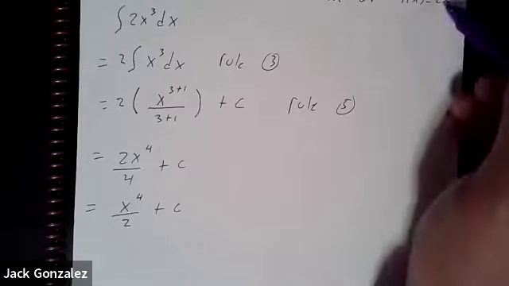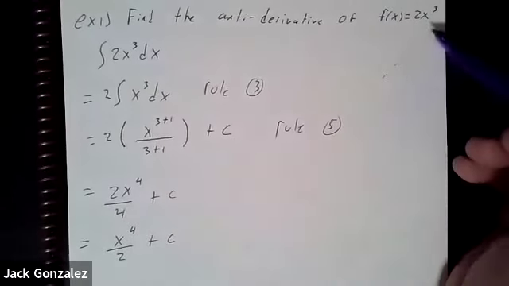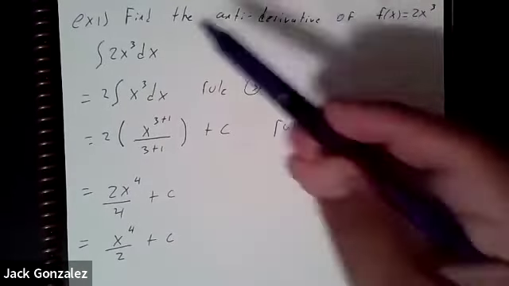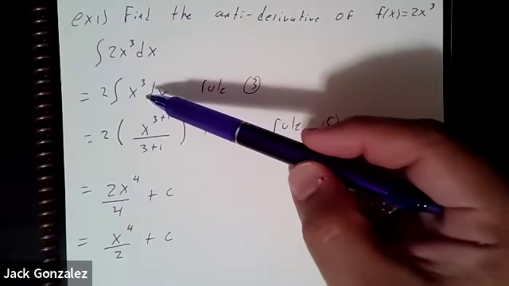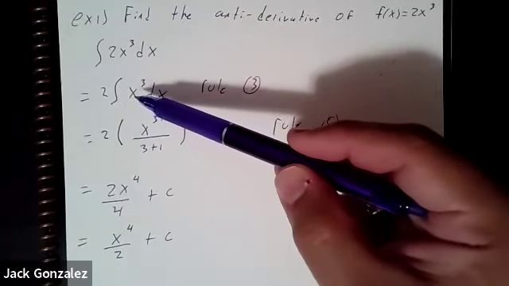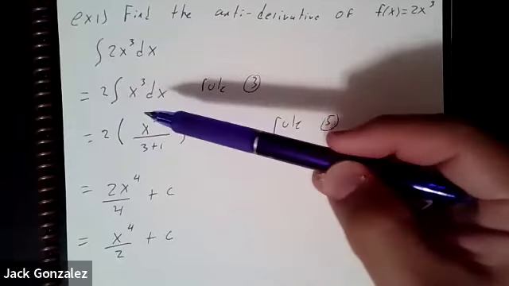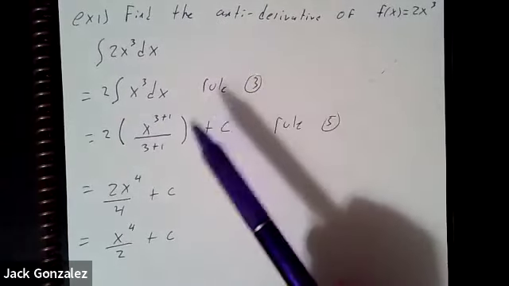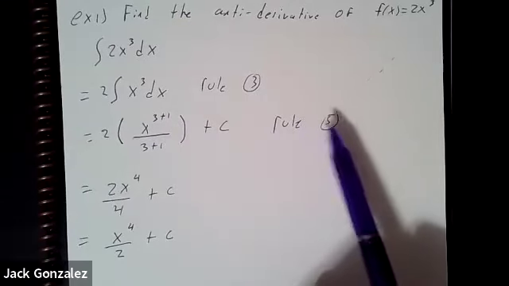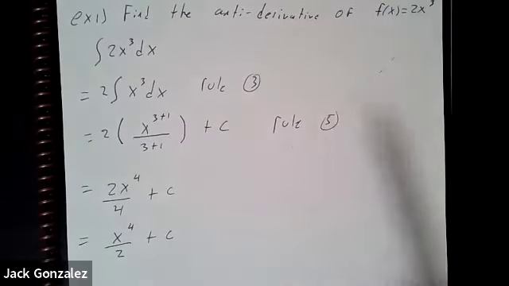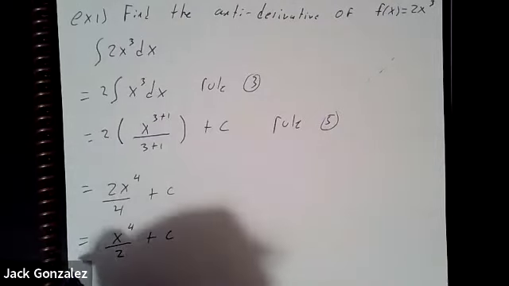So if they ask you to find the antiderivative of a function, set it up like this, put the function in here, use the appropriate rule, maybe pull out a constant or separate it, whatever you got, then do the actual main rule. Any questions on example 1?